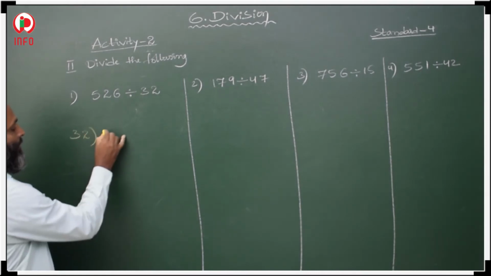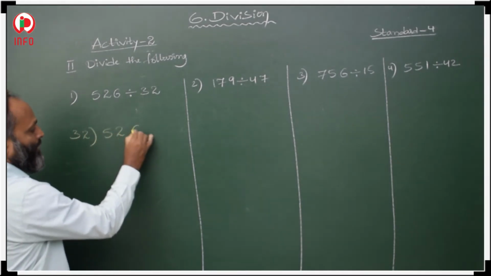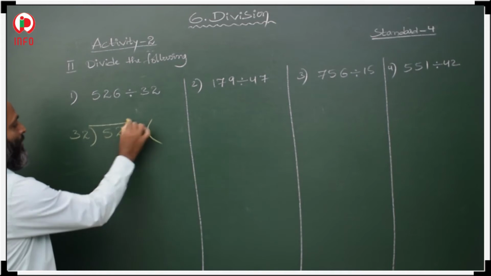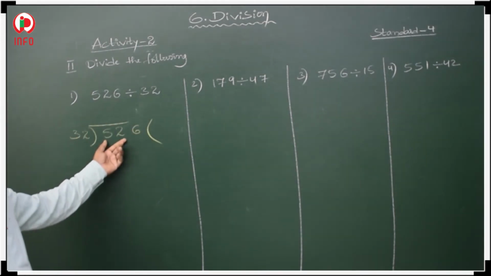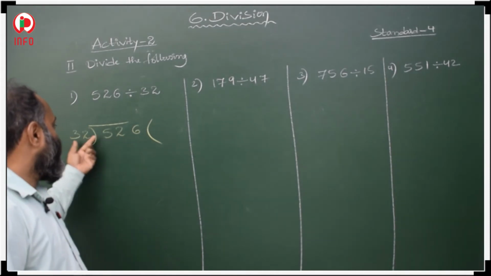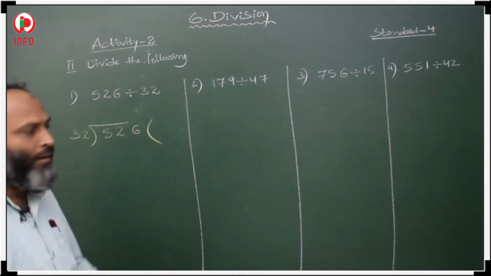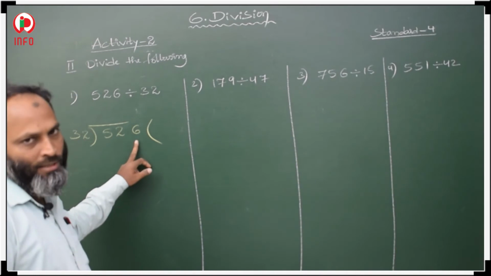32 divided by 526. First, we have to take two digits, 52. 52 is greater than 32, so no need to take one more place.